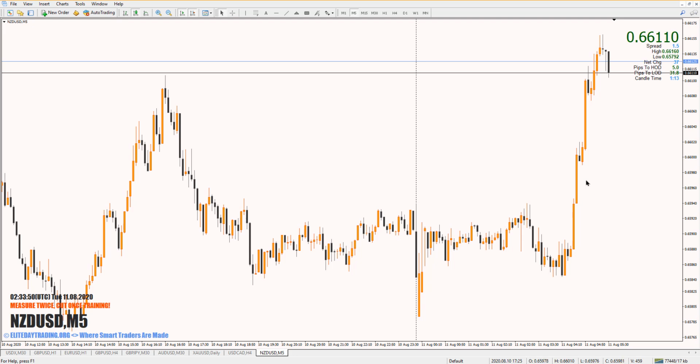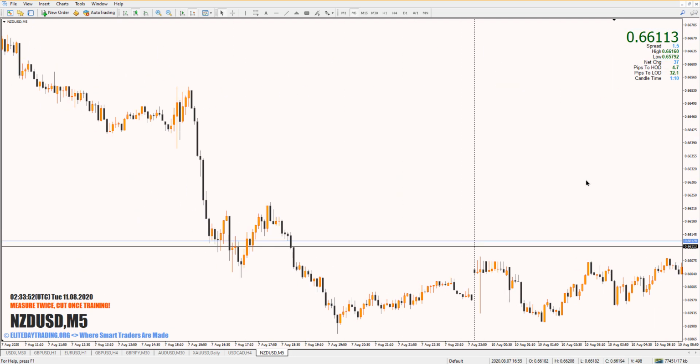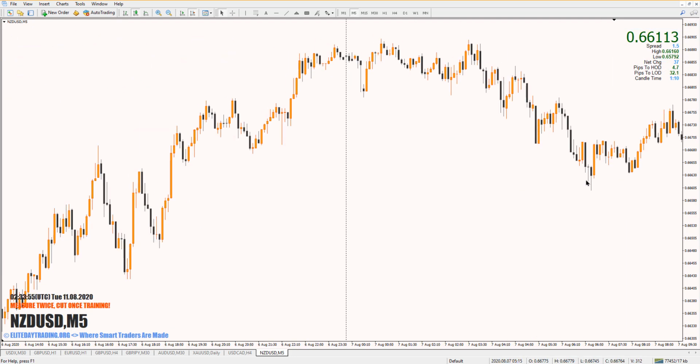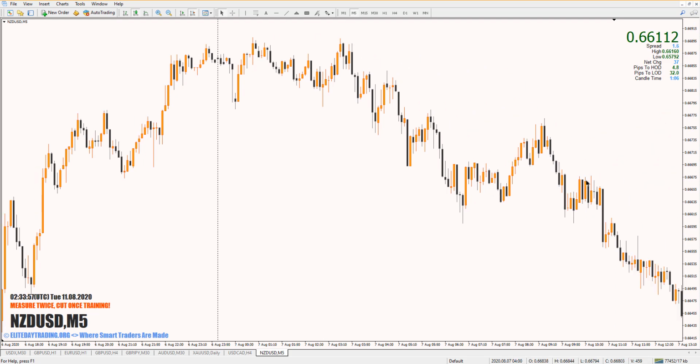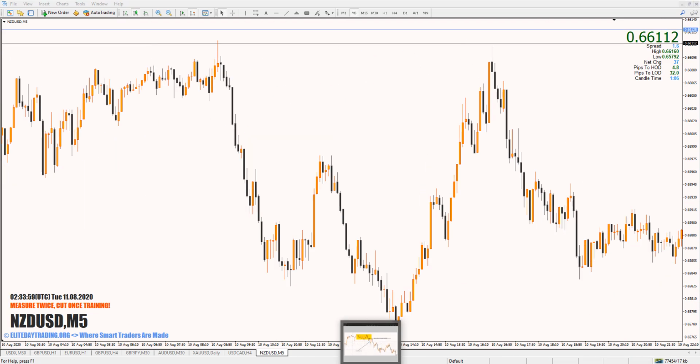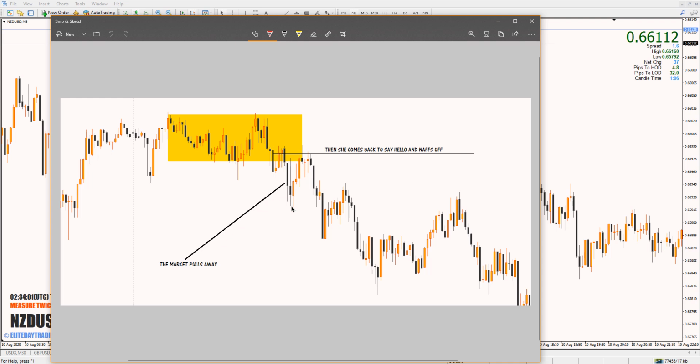I lost my place. Yeah, it was back over here. And then the market pulled away, then she comes back into the zone, and then she drops. So that's what it is.